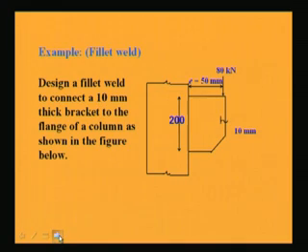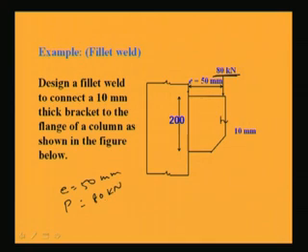So, the example is given: design a fillet weld to connect a 10 mm thick bracket to the flange of a column as shown in the figure below. So, what is the question? 80 kilonewton of load is acting at a distance of 50 mm away from the column face. So, eccentricity E is 50 mm and P is 80 kilonewton.